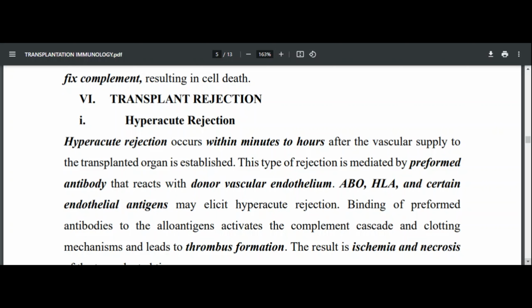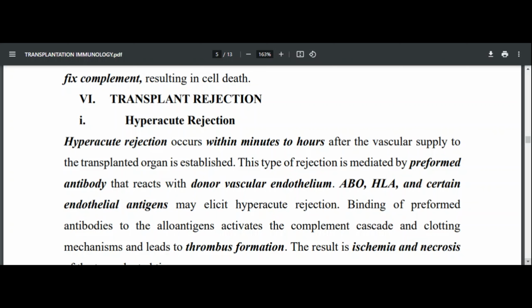Binding of preformed antibody to alloantigen activates the complement cascade and clotting mechanism, and clotting factors are activated, which leads to thrombus formation.